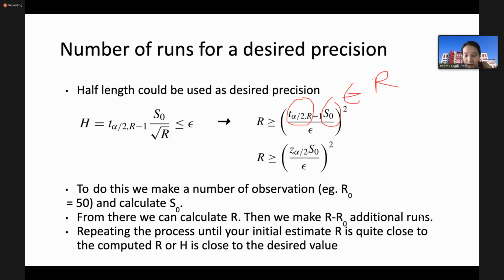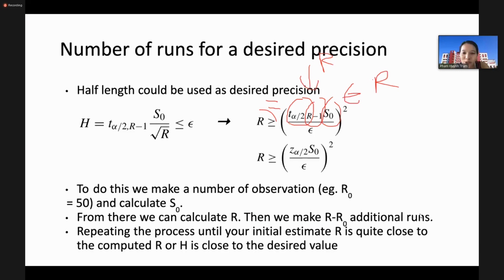The degree of freedom here also depends on number of replication. It is R minus 1. So again, the t value here also depends on R. So now it is almost impossible for us to calculate R from this equation, right?